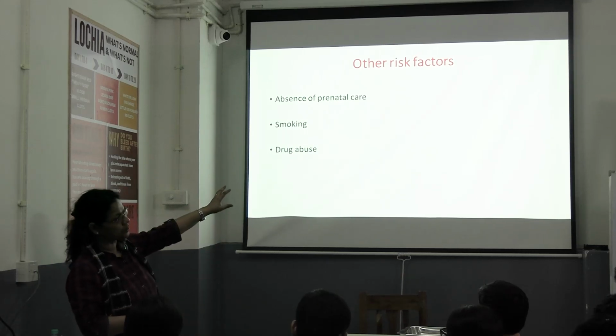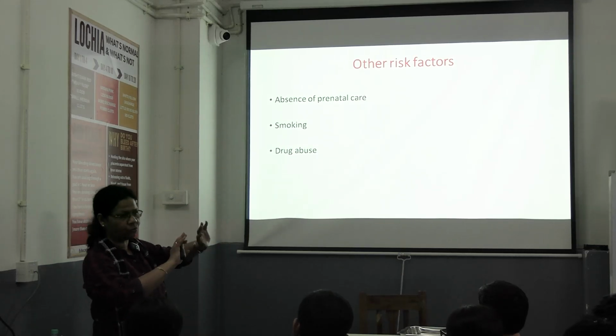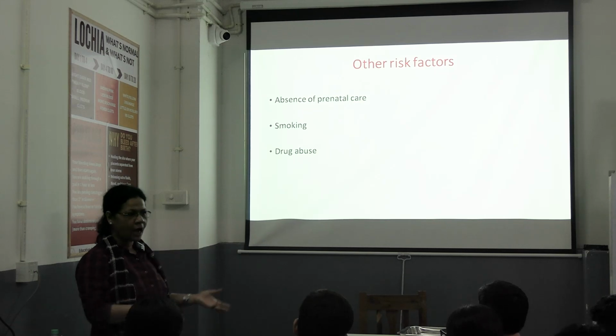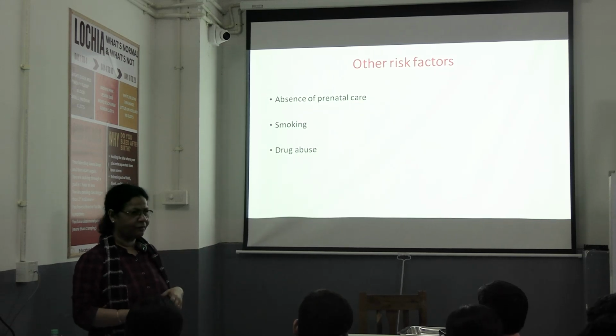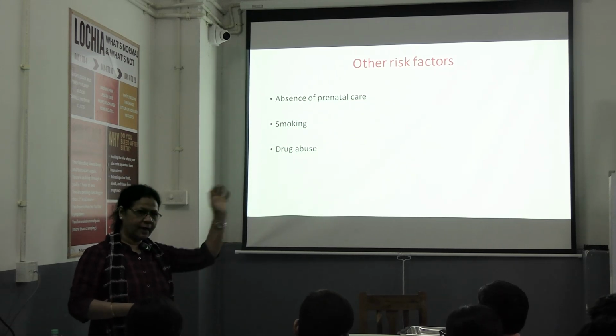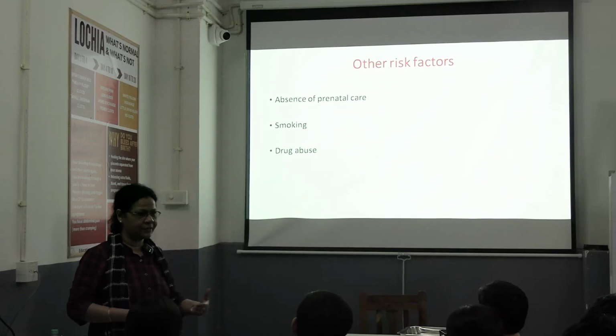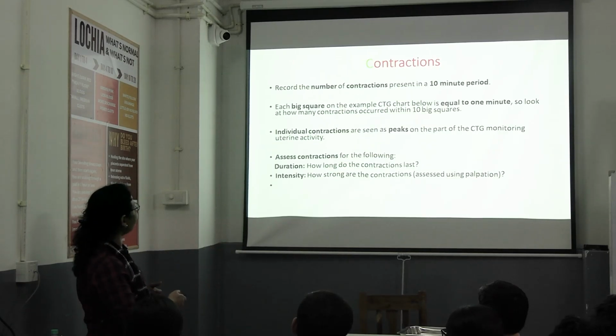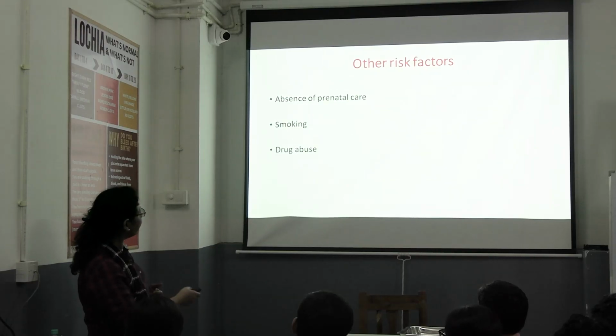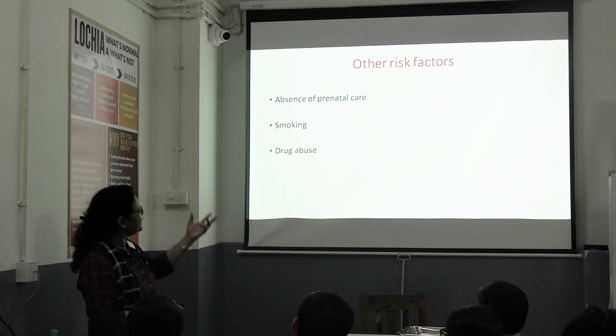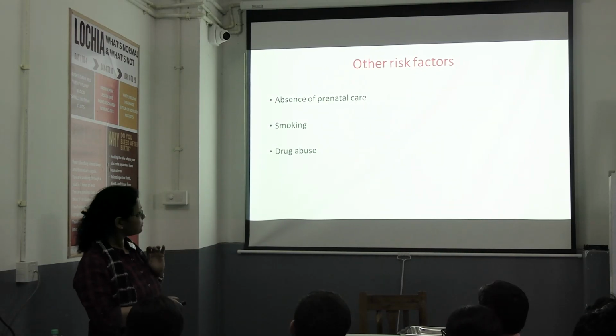So this is a high risk patient because she is unknown to us. Anything that is unknown could be risky. Maybe low risk, maybe high risk. So let us take her as a high risk patient because we have to do the investigations to find out. Smoking, she can be a smoker or having some drug abuse. These are other risk factors.